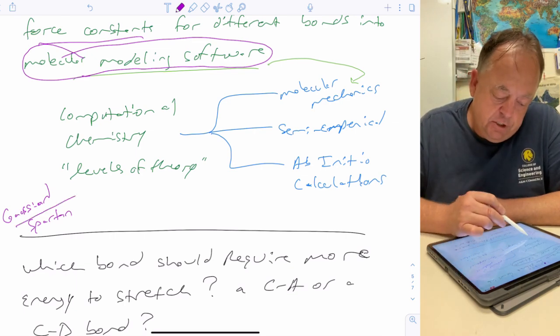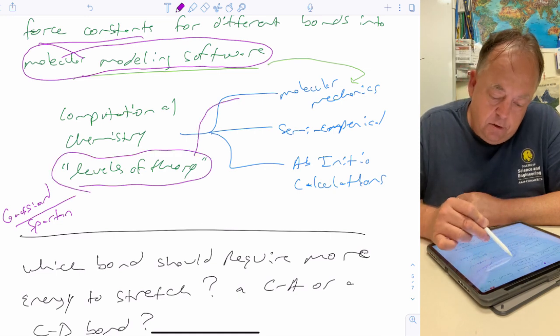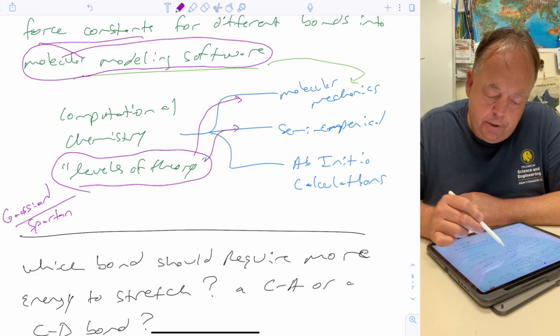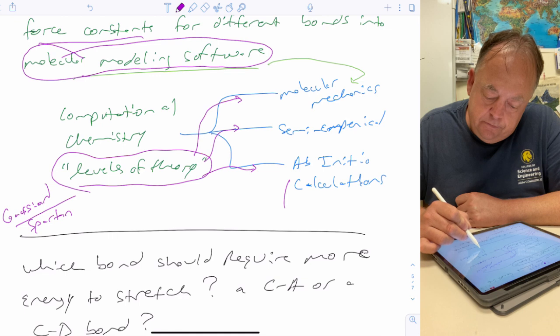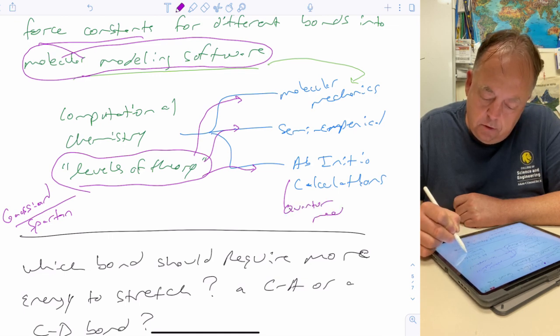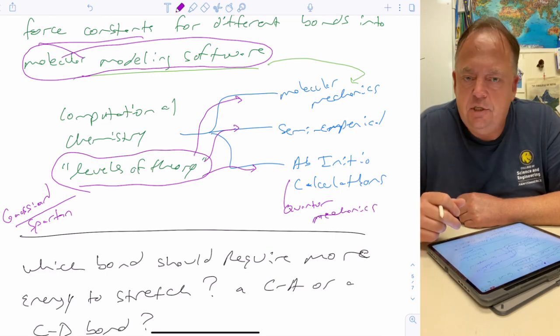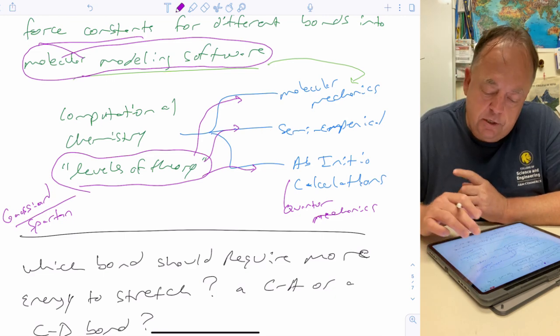If you do computational chemistry, there are what are known as different levels of theory. You have molecular mechanics, semi-empirical, and ab initio levels of theory. Ab initio is using quantum mechanics to calculate relative energies and stabilities of different molecules and different conformations of molecules.